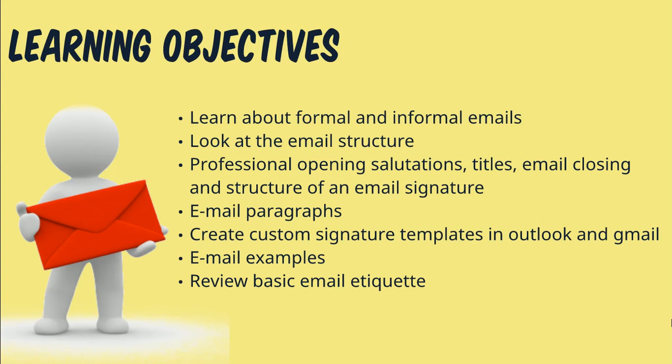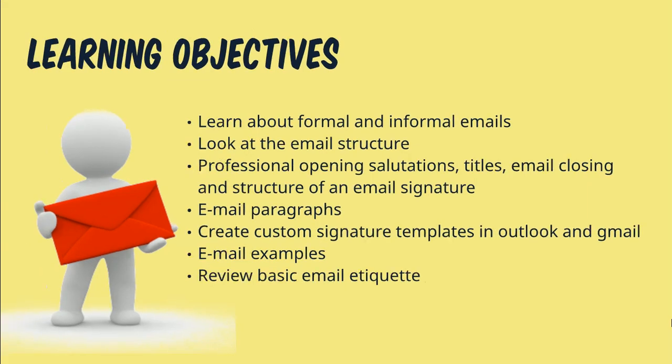We will also learn about the different paragraphs that an email can be divided into. We will learn how to create custom signature templates in Outlook and Gmail. We will also look at some email examples and finally end the session by reviewing basic email etiquette.